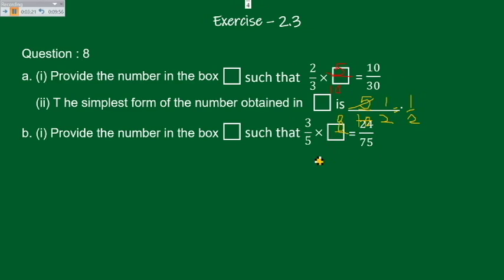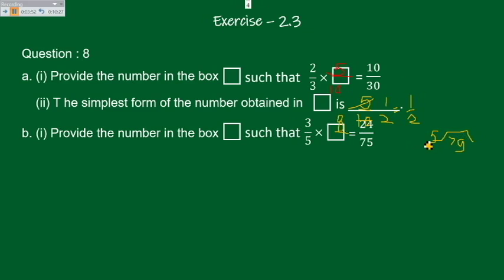Now, at what time in the table of 5 will 75 come? So definitely, beta, you have to read the table of 5, or you can do one thing. If it is hard for you, divide 75 by 5.